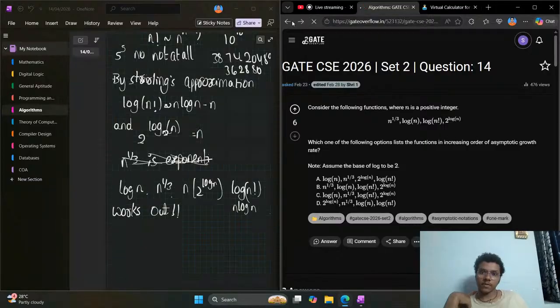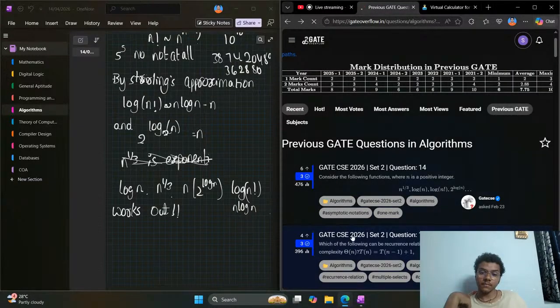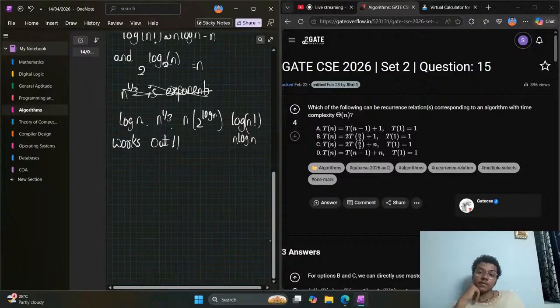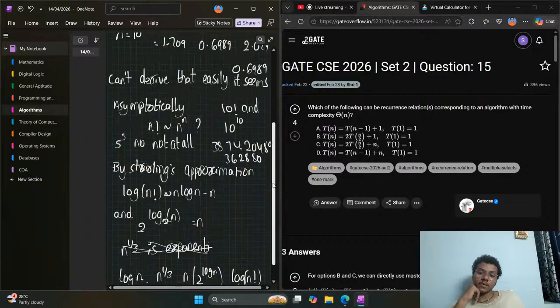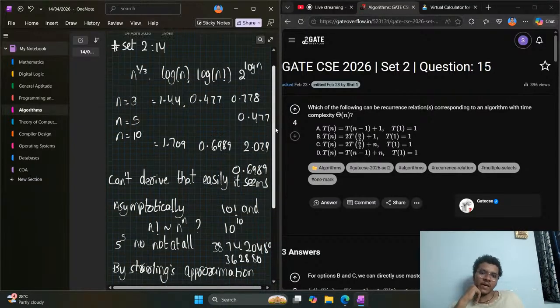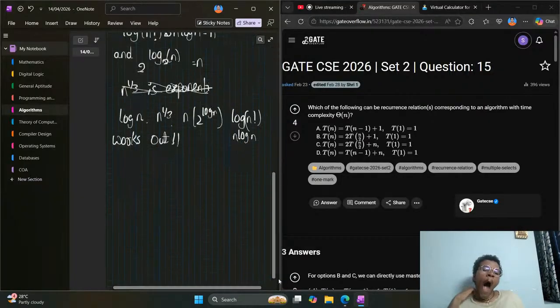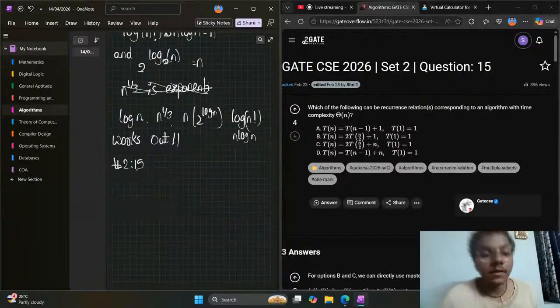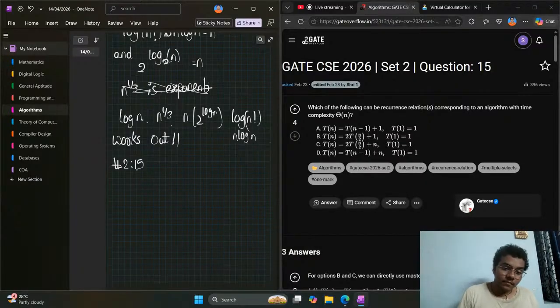So this is one more question. Which of the following can be recurrence relations corresponding to an algorithm of complexity O? Recurrence relation corresponding to an algorithm.